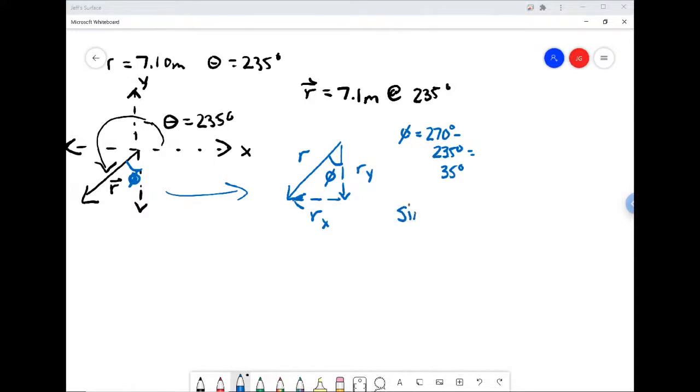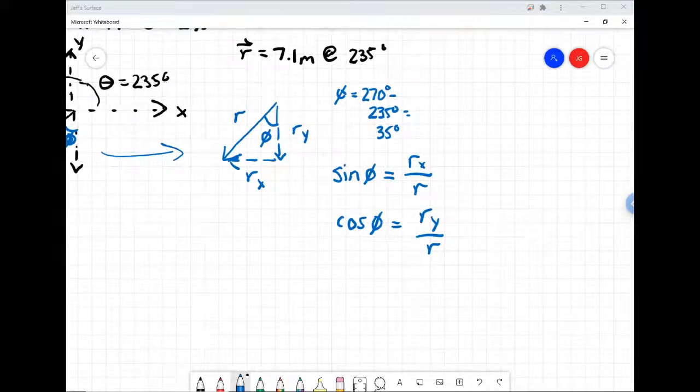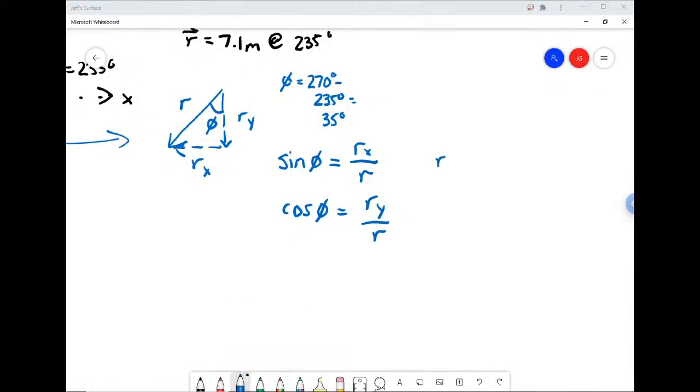The sine of that angle phi, 35 degrees, equals opposite over hypotenuse, which in this case is Rx, the x component, over the hypotenuse R. The cosine of that angle is adjacent over hypotenuse, which in this case is Ry over R. So put that all together, and the x component of this vector is the magnitude of the vector times the sine of phi, 35 degrees, and the y component is R cosine of phi.